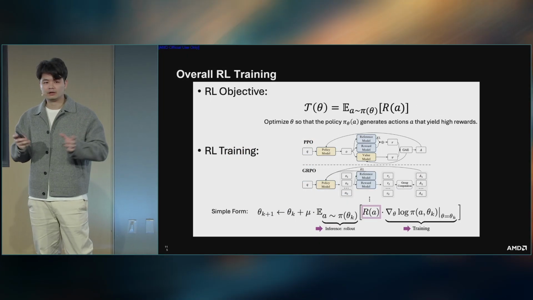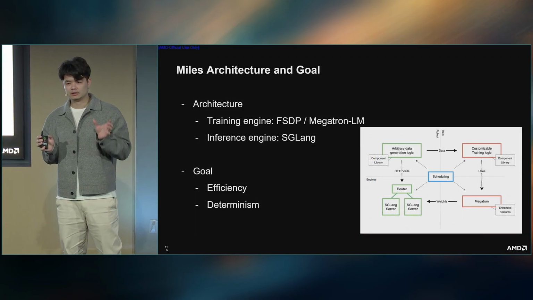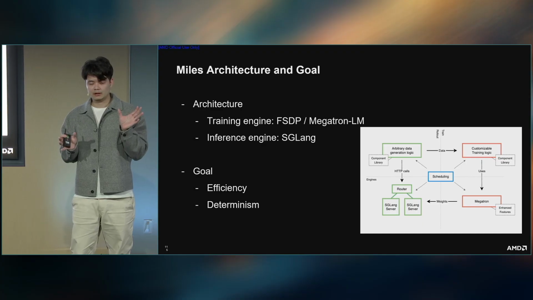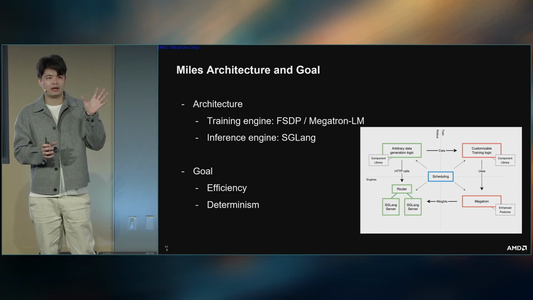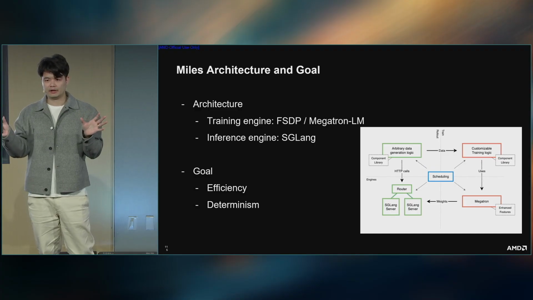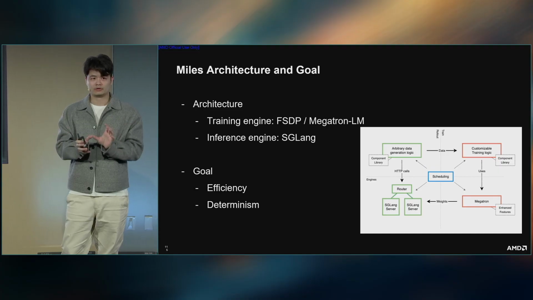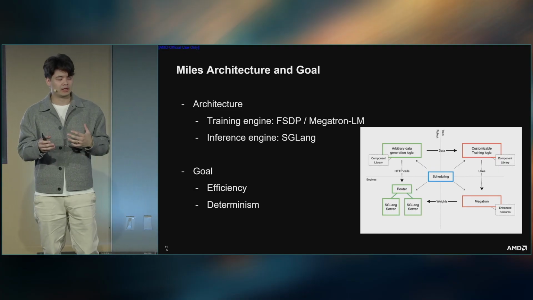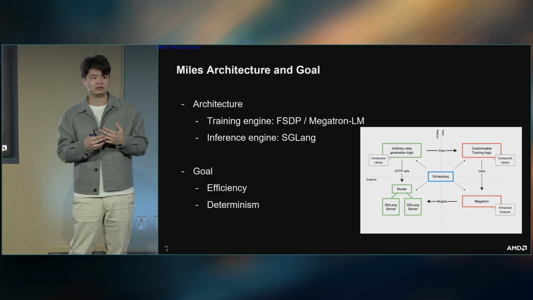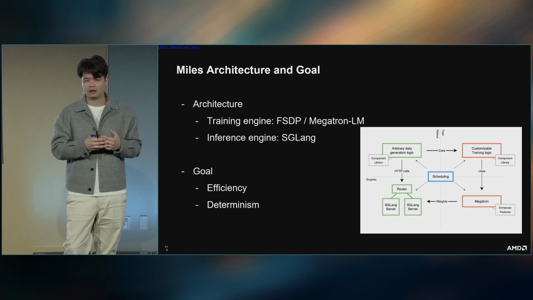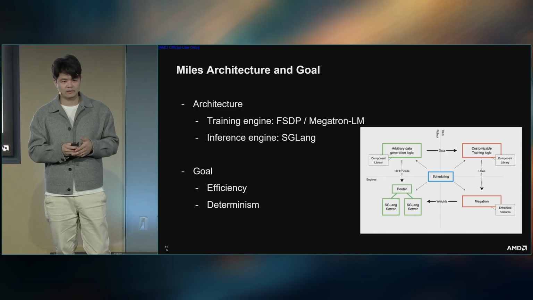Because of these two requirements, within the RL framework we will have the training engine, and the other part is the inference engine, and they work together. In the inference engine part, in Miles, we use SGLang, and in the training part, we have FSDP and Megatron-LM.